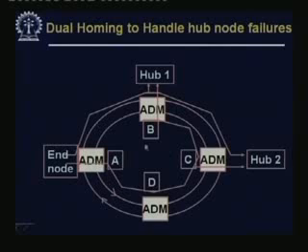So on this ring you communicate with hub 1 through A, D, C, B, and you communicate with hub 2 through A, B, C. As you will note, even if one of the hubs fails, you can still communicate through the other one. So this is another kind of protection.